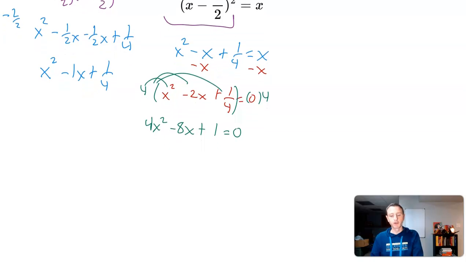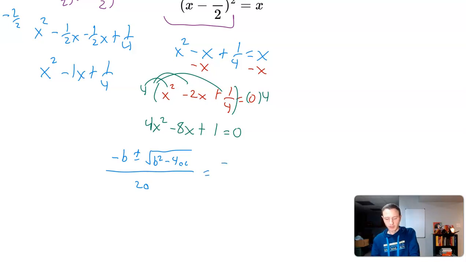Now I think the quadratic formula would be probably our best route. And again, you probably could have used completing the square here. Just subtract a fourth, divide, and I think that wouldn't have been too crazy. But for some reason, I want to use the quadratic formula, so I'm going to use it. The quadratic formula is negative b plus and minus the square root of b squared minus 4ac all over 2a.